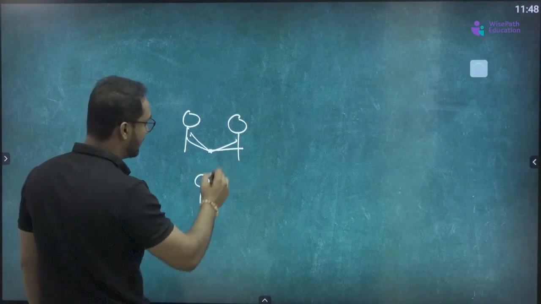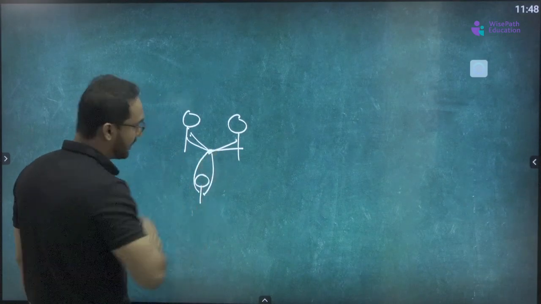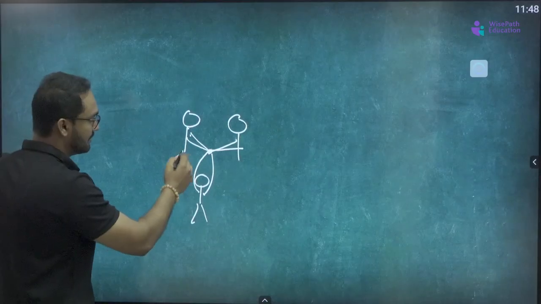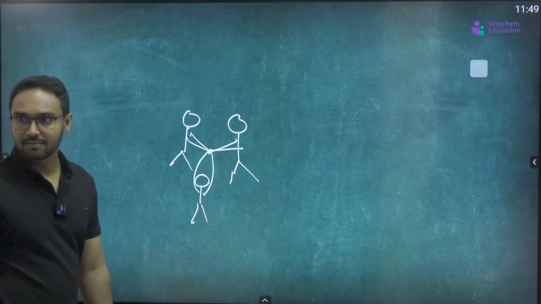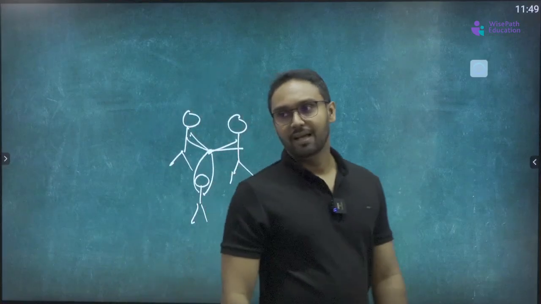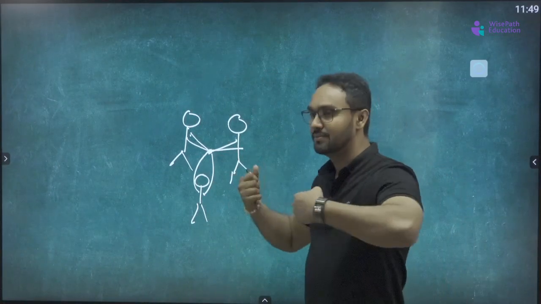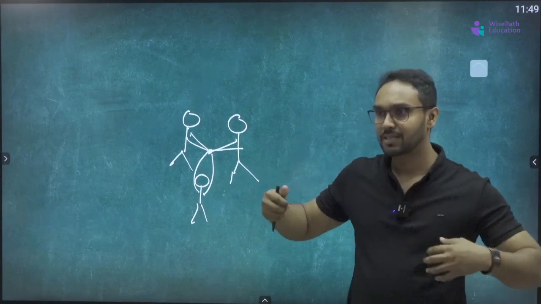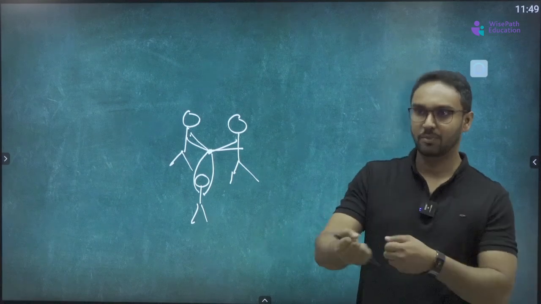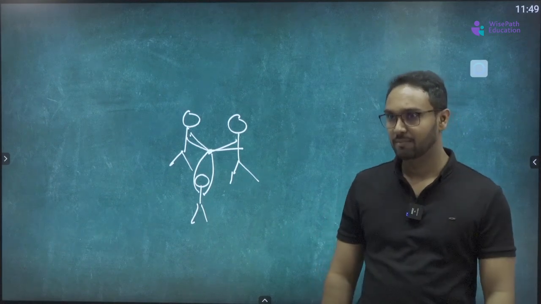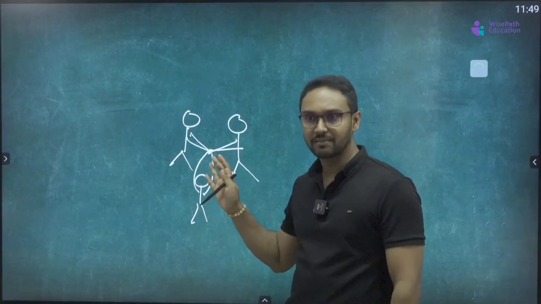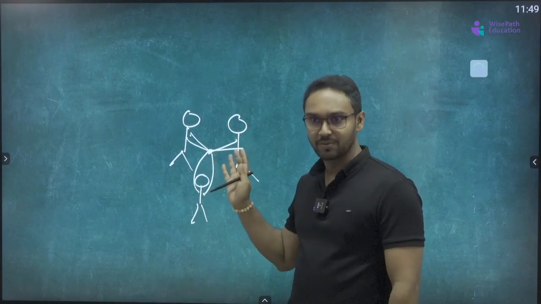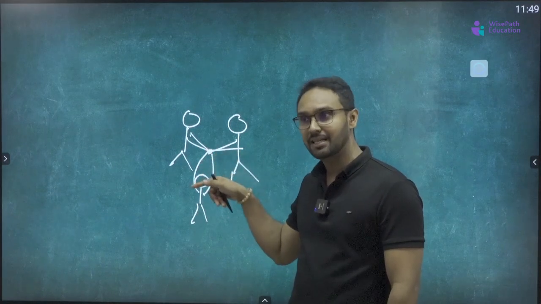So you are one molecule, and you are grabbing and pulling to three sides. But since it's under an equilibrium, since the forces are equal, it doesn't move, but the energy is still there.